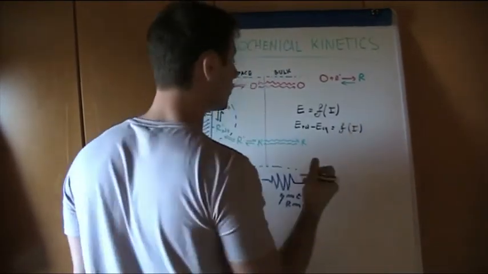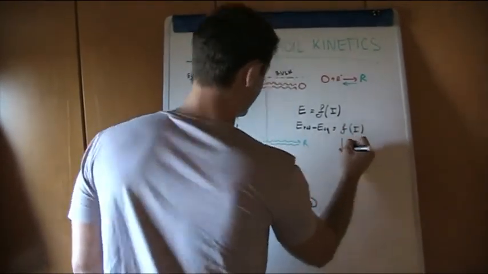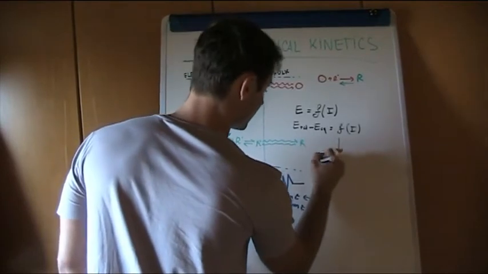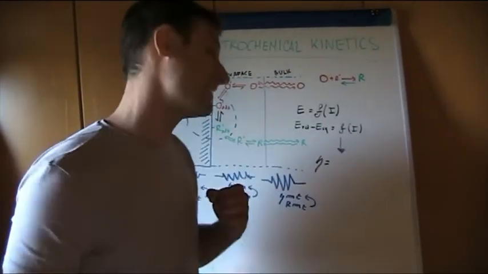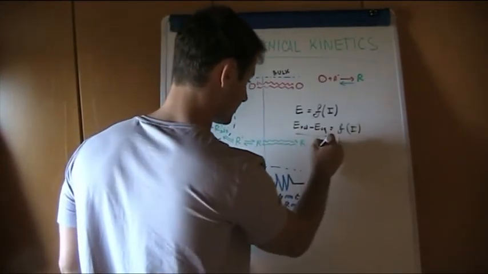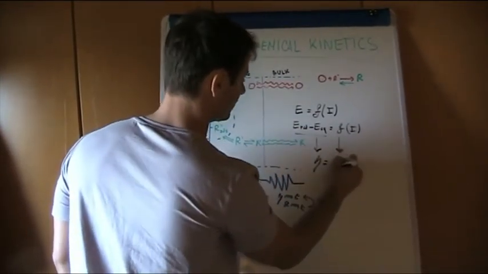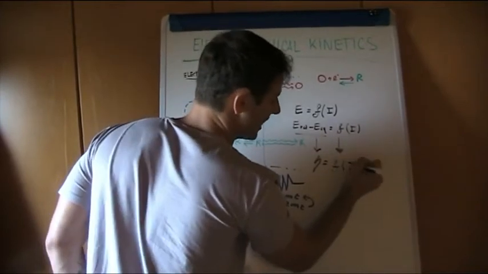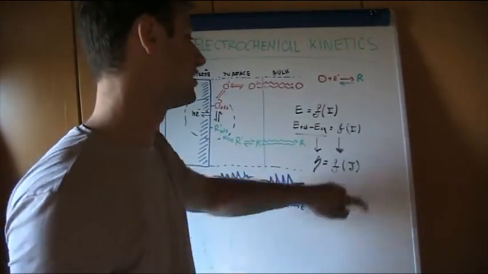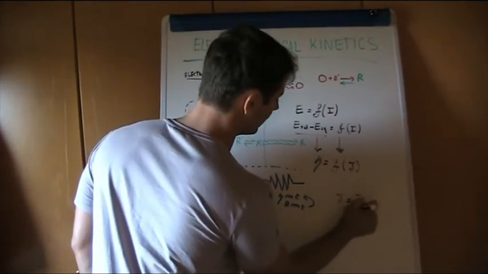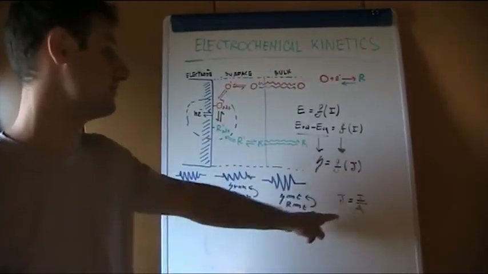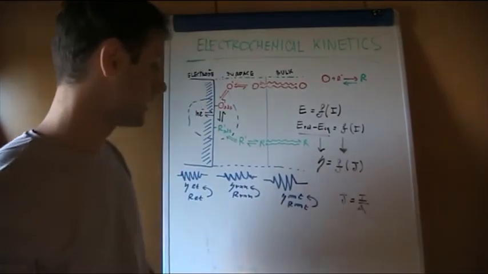Basically, what we need to know is the contribution of the overtension, so how much we are moving away from ideality, as a function of the current, or the current density. That is basically the current over an area. Sometimes we can even look at current density.